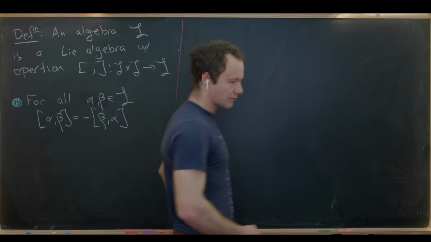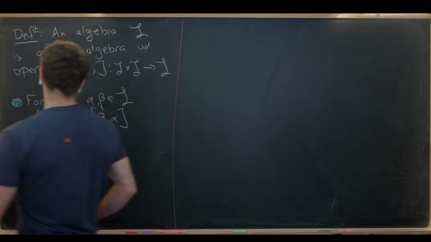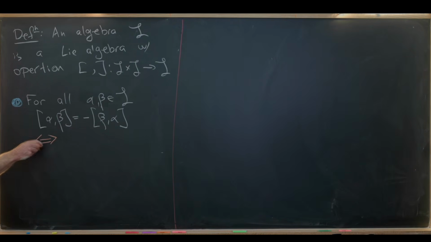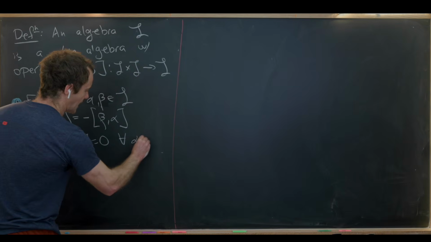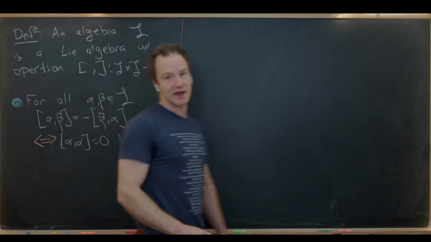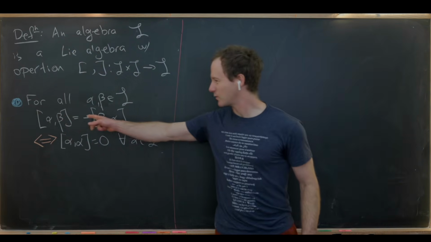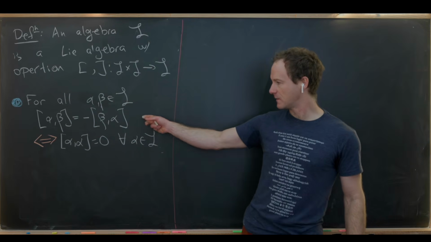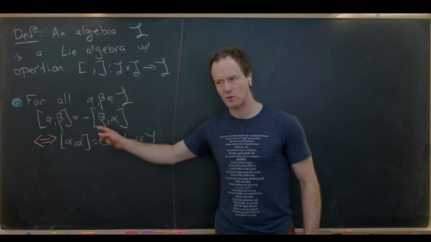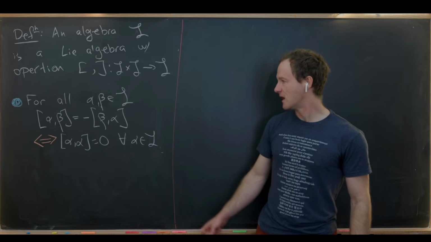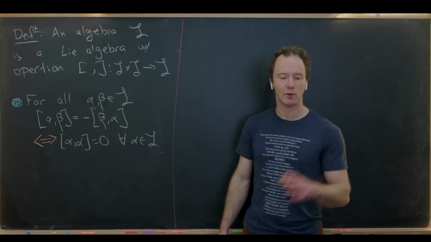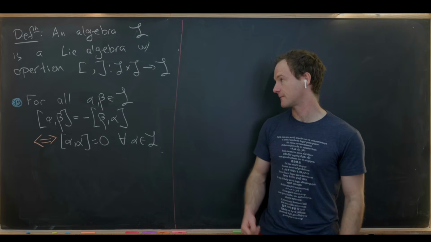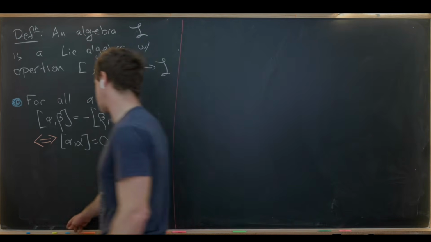And maybe there's a really nice exercise here, to show that this is equivalent to bracket alpha alpha equals 0 for all alpha in L. So those are two different ways of writing skew symmetry. Either we have this anti-commutativity, or we have this, which is maybe more appropriately called just skew symmetry. And this actually doesn't always hold. This holds as long as your field is not characteristic 2, but we're working over the complex numbers, so we're okay there. All right, so that's our first rule.